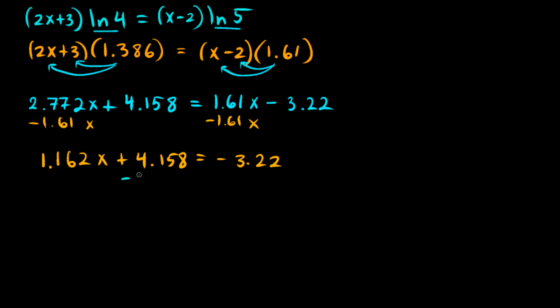Now I want to subtract 4.158 from both sides. So negative 3.22 minus 4.158. We're going to have 1.162x equals negative 7.378.